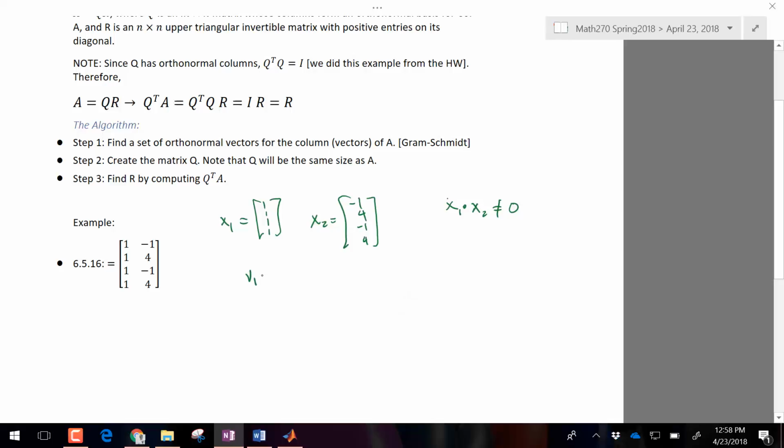So we're going to let V1 equal that first vector. And now V2, according to the Gram-Schmidt process, is going to be equal to X2 minus the dot product of your vector X2 with your vector V1.